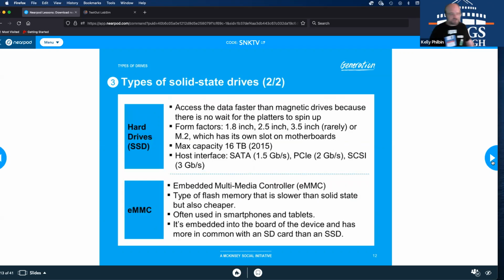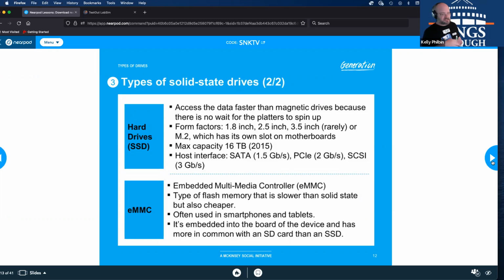Other ones we get into, SSD or solid state drives. These are the drives you would use internally in your computer. They have 3 form factors at this time, although for the 1101, they've dropped the 1.8 and they just focus strictly on the 2.5 or 3.5. And it says rarely the M.2.